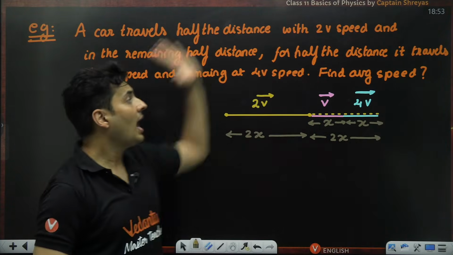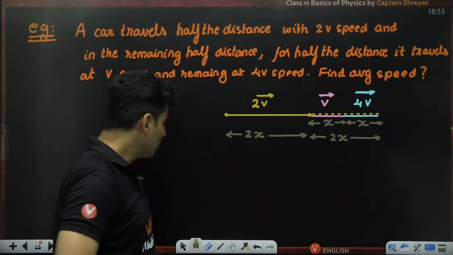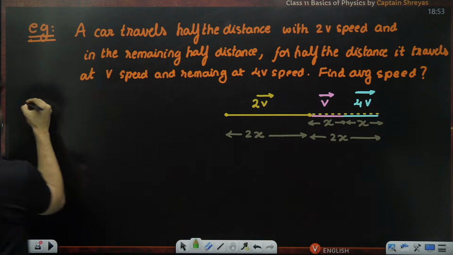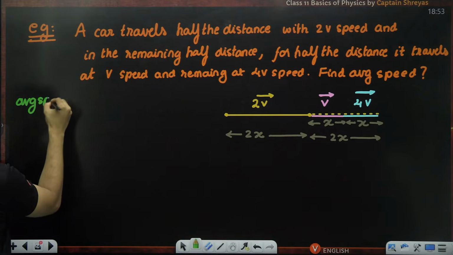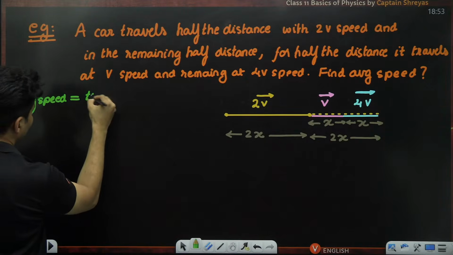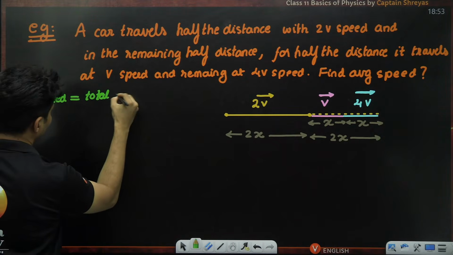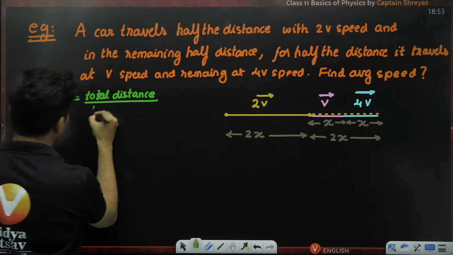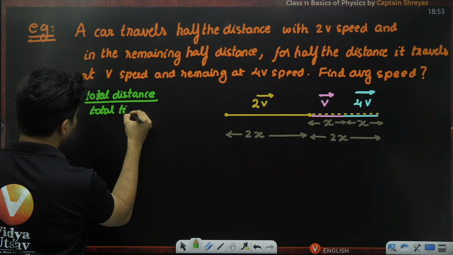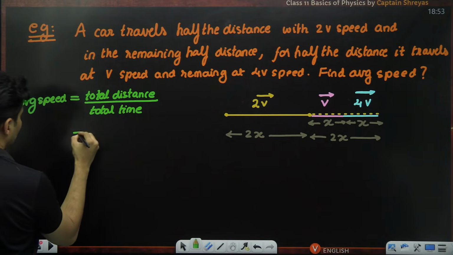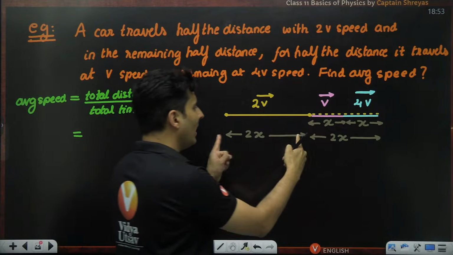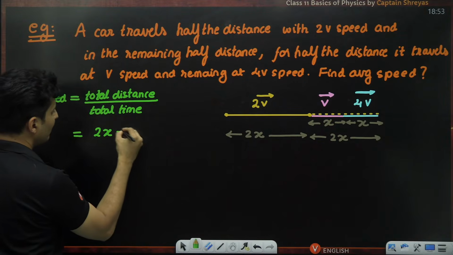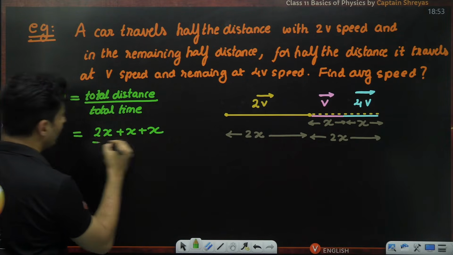Now we want to find the average speed from here to here. So if I want to find the average speed, it will be nothing but the total distance upon the total time which I have taken. Now distance is very simple. 2x and 2x together will make it nothing but 2x plus x, which will make it nothing but 4x.